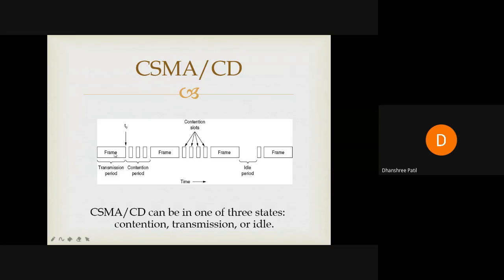Suppose one frame has completed its transmission at time t0. Whenever a frame completes its transmission, the next period starts, which is the contention period. Contention period is where collision can occur, because as this first frame completes its transmission, from this t0 time the medium remains free, and that is the peak point where collision can occur.